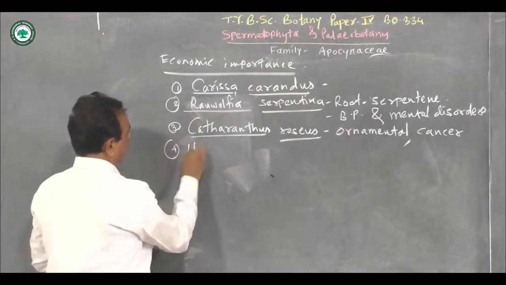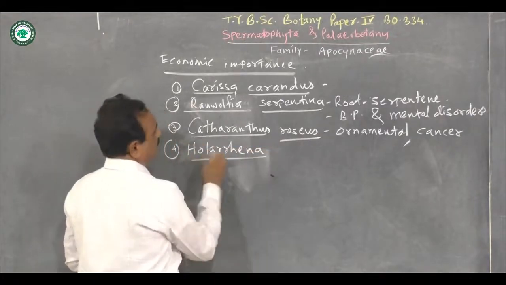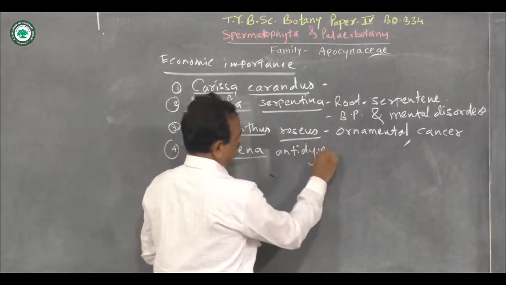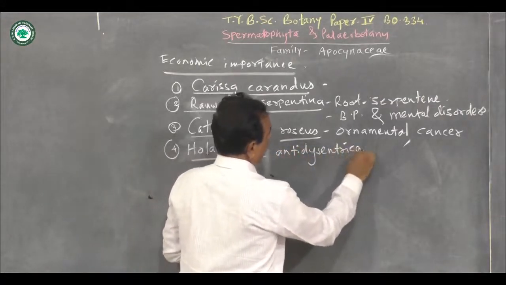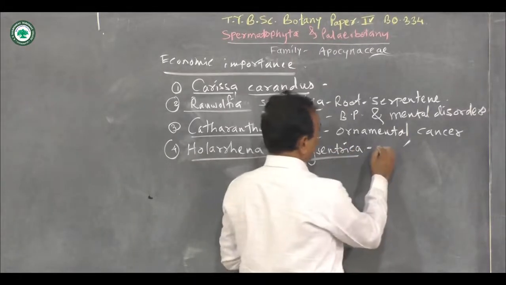Then next is the Holarrhena antidysenterica. Here, the bark of this plant is used in dysentery.